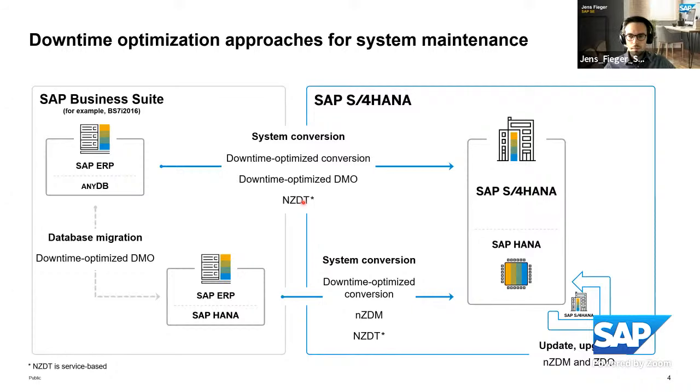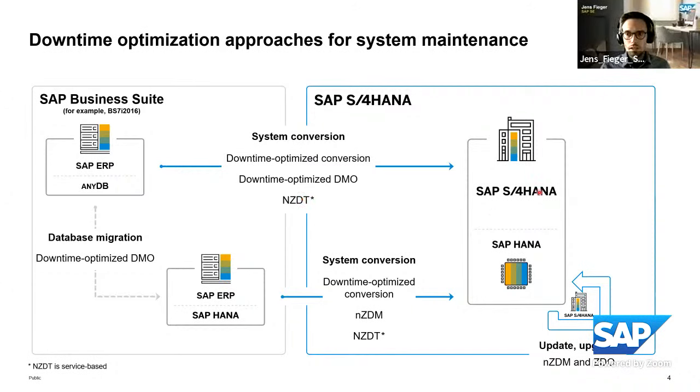Don't mix that up with NZDM, I will come back to that in a minute. NZDT, near zero downtime technology, is a service that has to be delivered by an SAP expert, and it can't be done without any expertise from the SAP side. NZDT applies to the conversion path only.